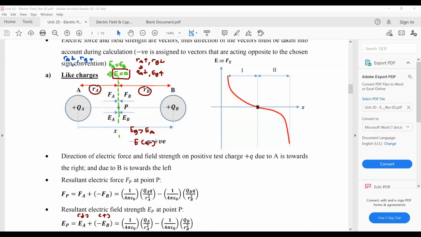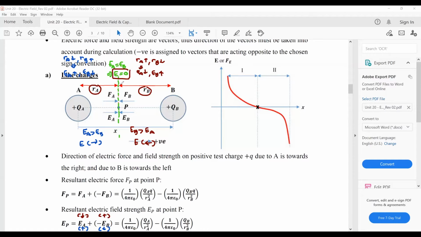So in turn, this means that EA would increase, whereas EB would drop. So in that case here, if EA is increasing but EB is dropping, if I go more towards this side, EA would now be more than EB. So my direction of my resulting field strength would now actually be towards this side. Okay, that's how you will see it.